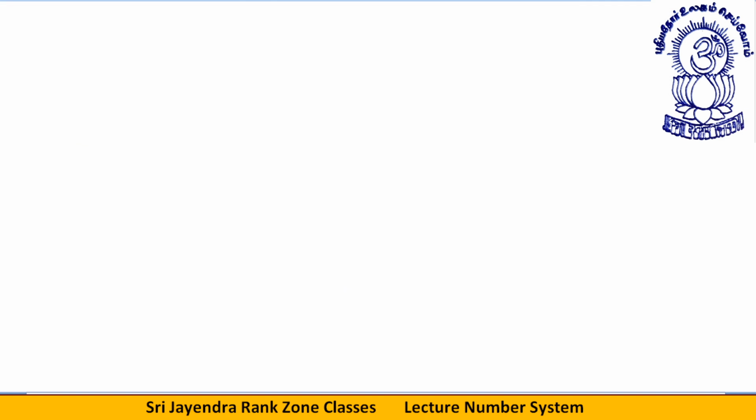So one more thing I'll tell you. If I have to take the HCF of two numbers, say 24 and 32, you subtract 24 from 32 and you will get 8. Sometimes this tool becomes very useful.